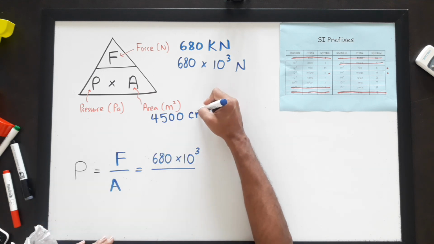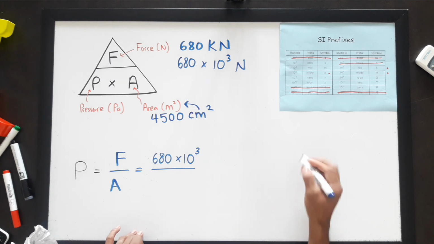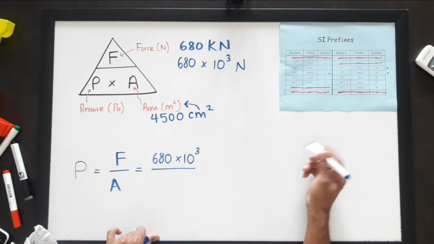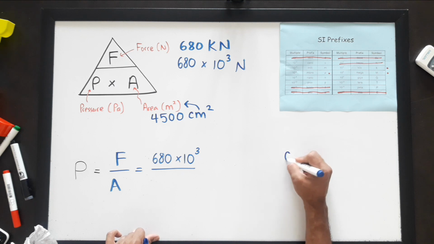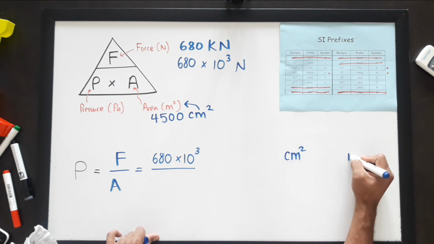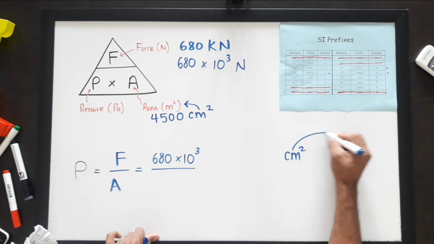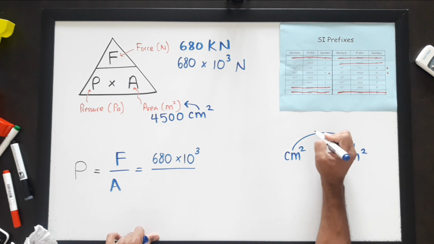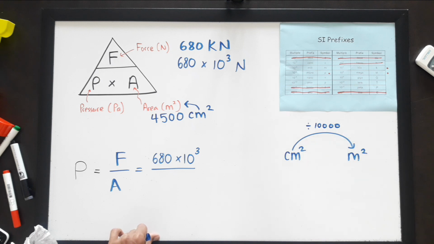This centimeter squared needs to be converted to meter squared. Do you think you can remember from the beginning of the video how you convert centimeter squared to meter squared? You're going from smaller to bigger. That means we'll have to divide by 10,000. Remember, squareds.